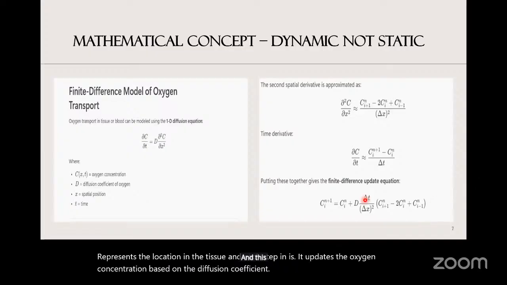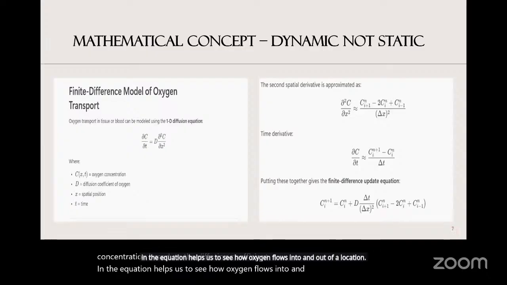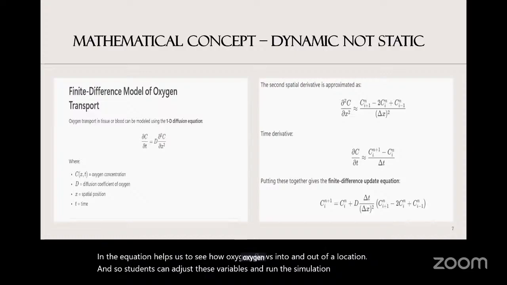And this term in the equation helps us to see how oxygen flows into and out of a location. And so students can adjust these variables and run the simulation to understand oxygen saturation.